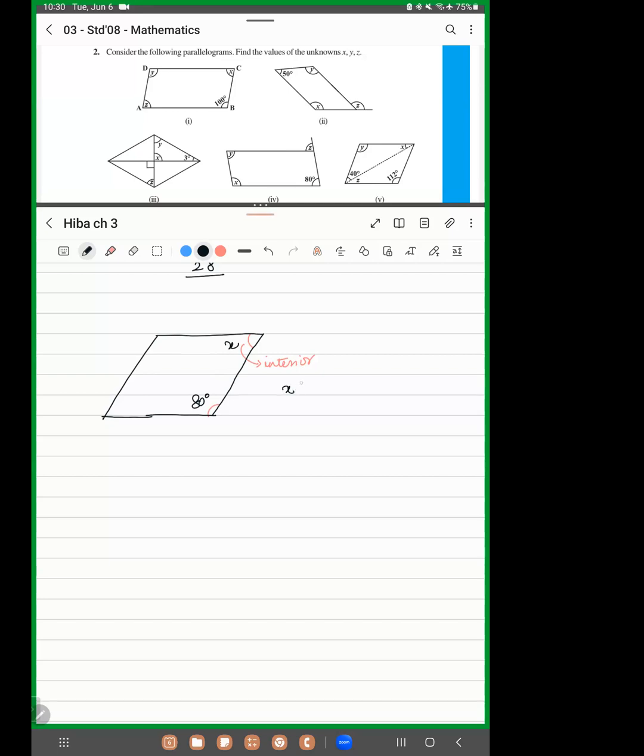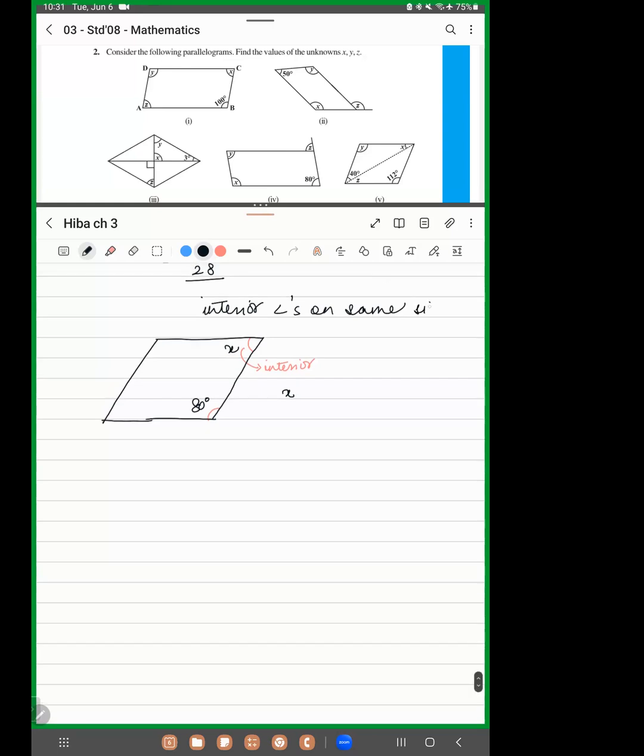No. Interior angles on the same side of the transversal की property ये होती है कि they are supplementary. So it will be x plus 80 gives 180. Yes. Okay.